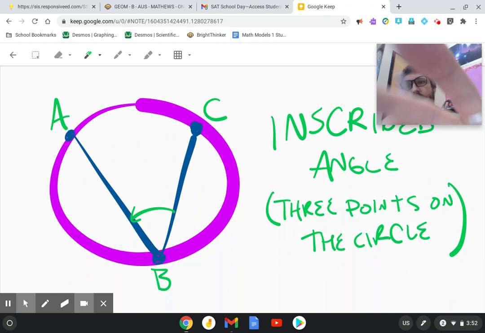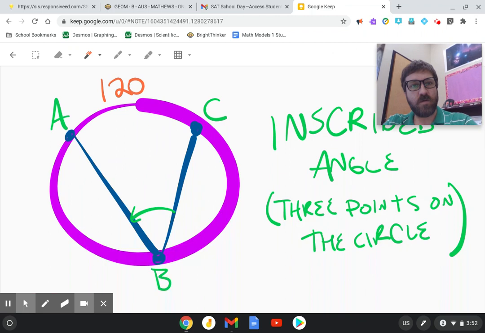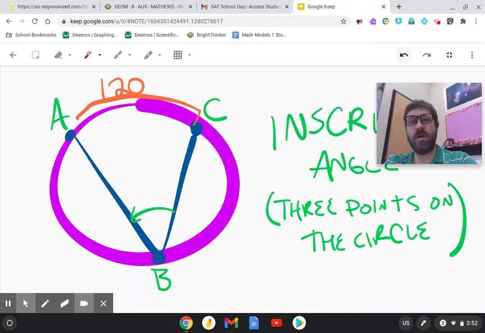But the big concept around inscribed angles is that if you know the arc measure of an inscribed angle is, let's just say, 120 degrees from here to here, then based on the rules about inscribed angles, the angle is equal to 60 degrees.